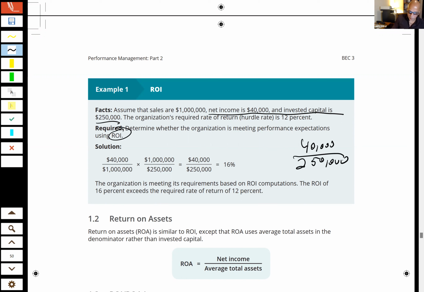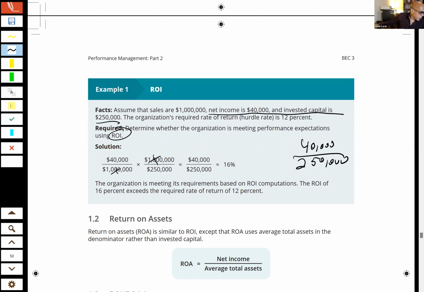So you don't have to do it the long way that they talked about, because you're really kind of wasting your time doing it that way. If I'm on the exam, I would just pick the numbers that I need for the direct ROI, as opposed to having to calculate the asset turnover and the other factor there, which is the profit margin.